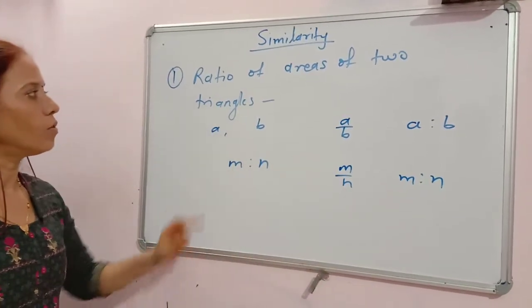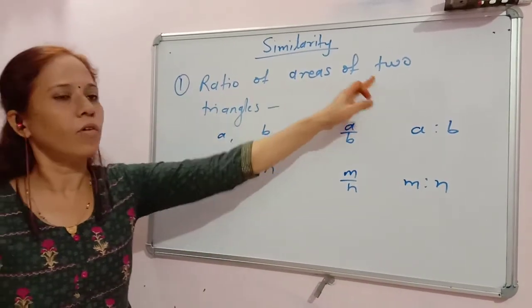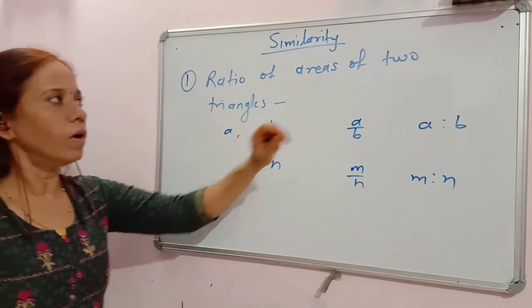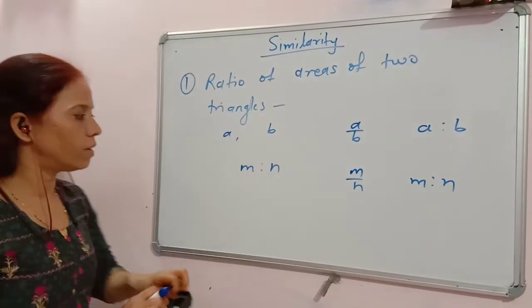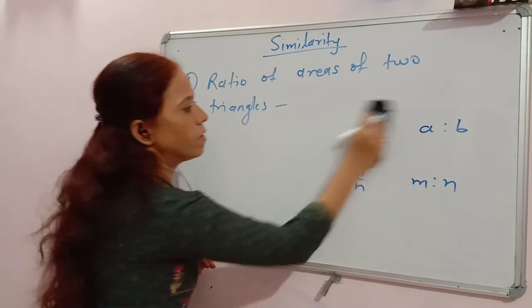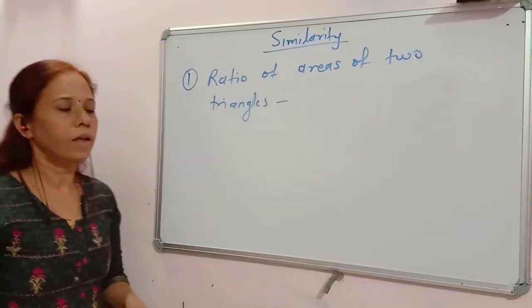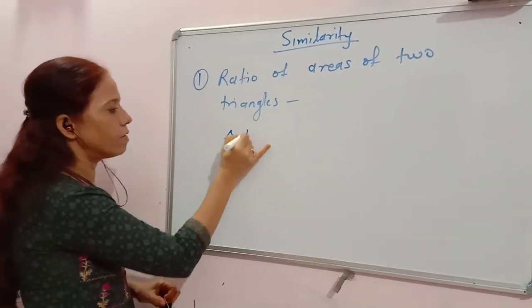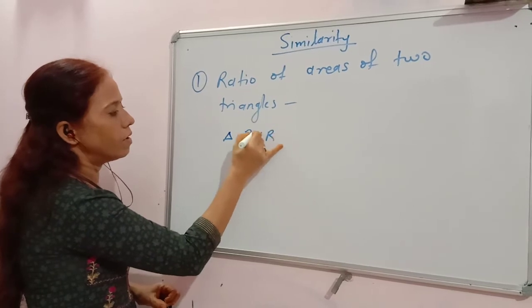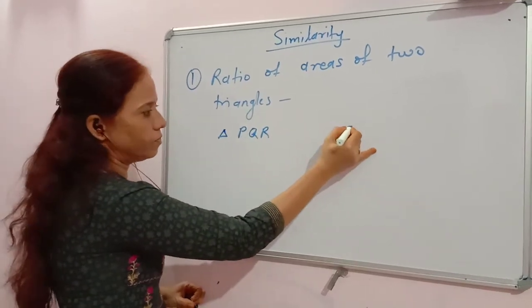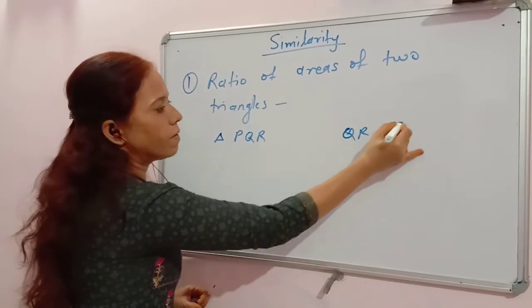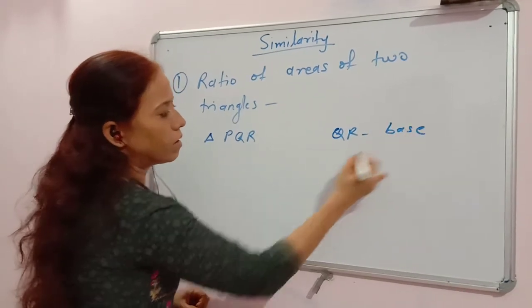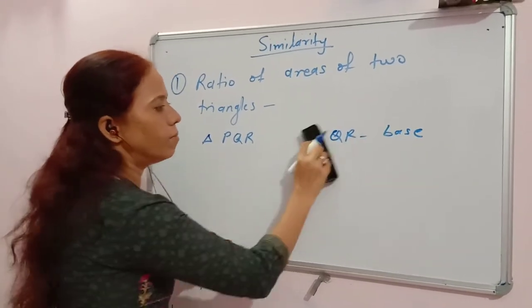Here we are going to study the ratio of areas of two triangles. You are already familiar with the concept of area of a triangle. If triangle PQR is there, and QR is its base, I will take B for base.